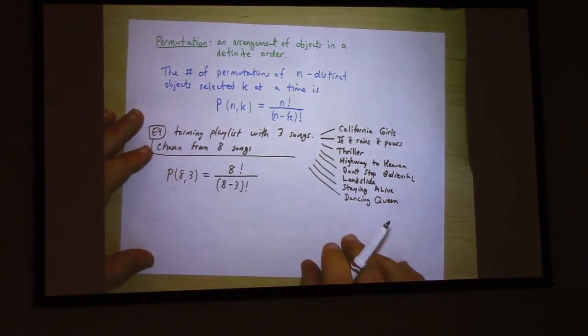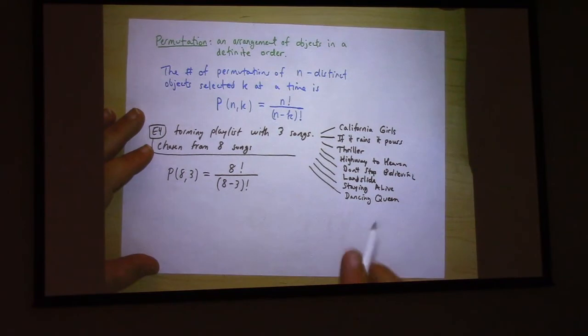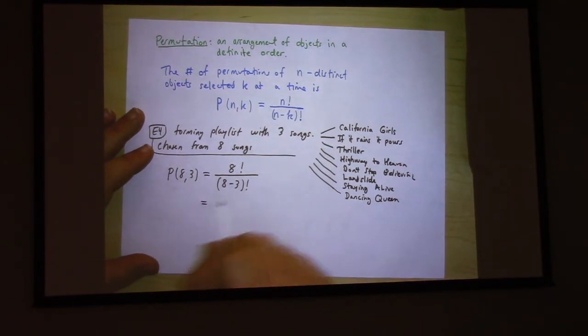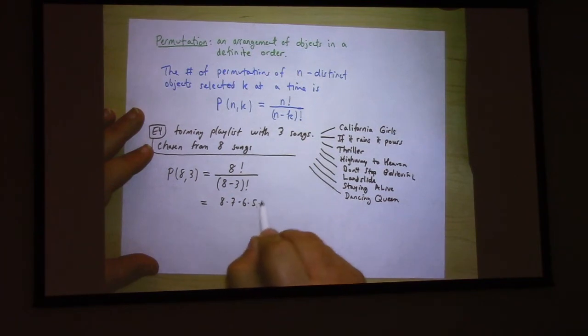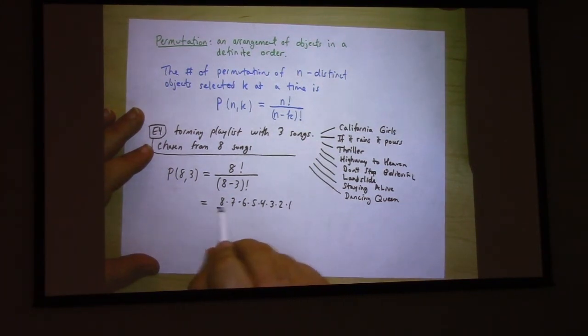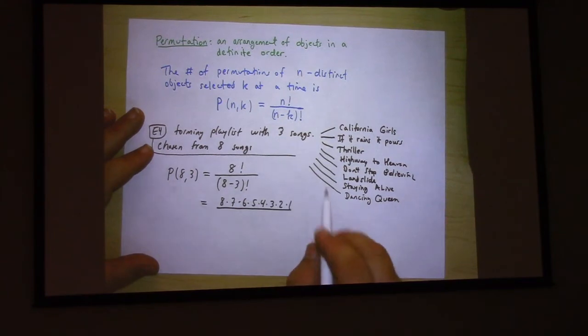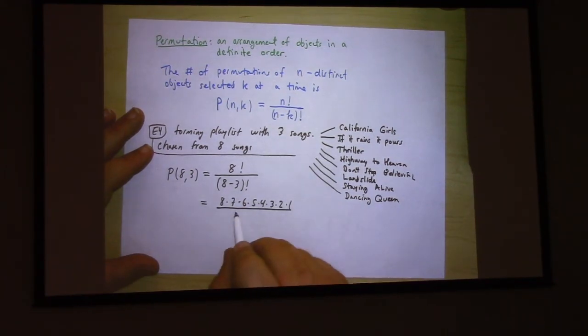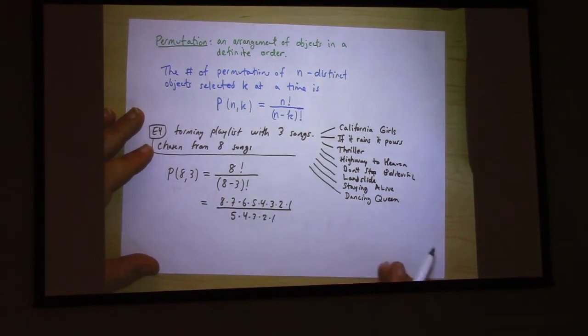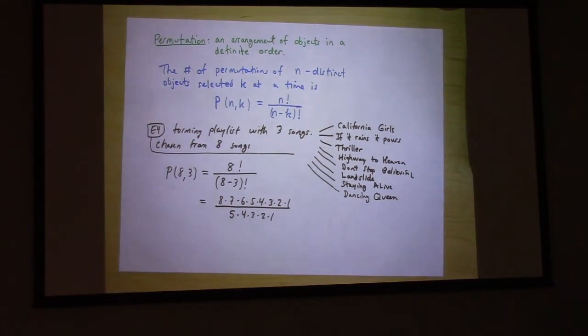Time for me to explain what factorial means. 8 factorial means 8 times 7 times 6 times 5 times 4 times 3 times 2 times 1. Of course, you don't really have to put the multiplied by 1, I'm just putting it there. 8 minus 3 factorial is 5 factorial, which is 5 times 4 times 3 times 2 times 1. So this is what factorial means.